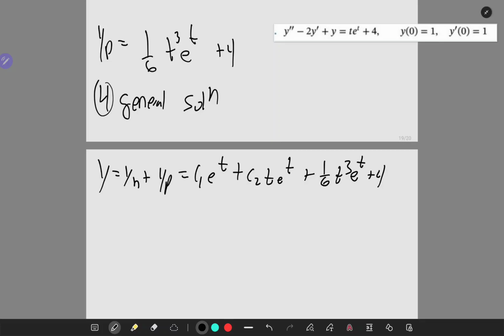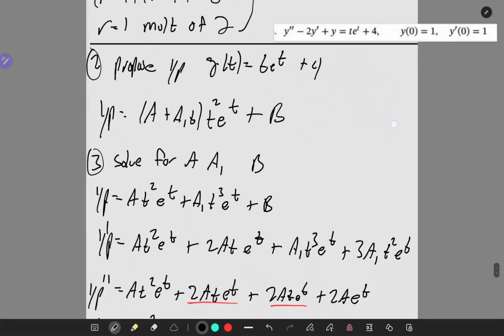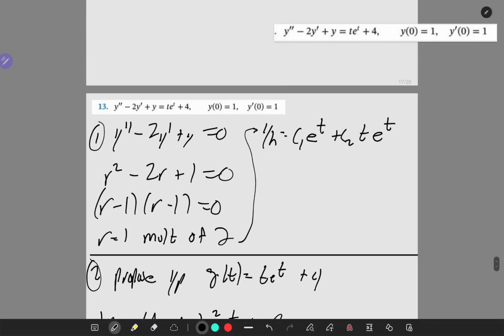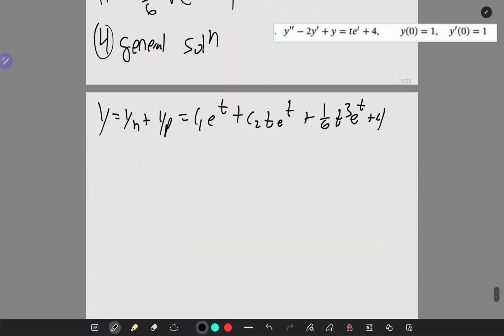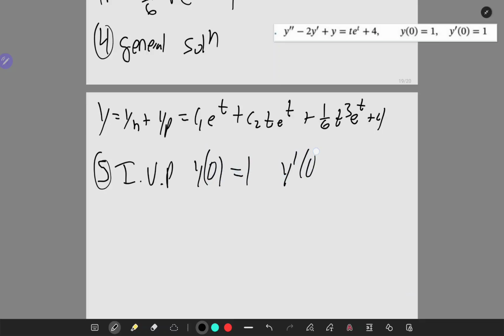And I have actually lied before. You cannot solve the IVP just from y sub h. You have to solve out for this general solution first. So now step 5, IVP, where we know y of 0 is 1, y prime of 0 is 1. So that tells us that we need y prime.